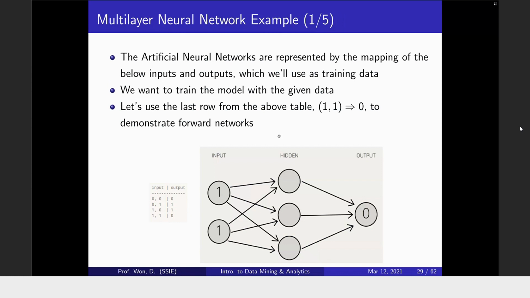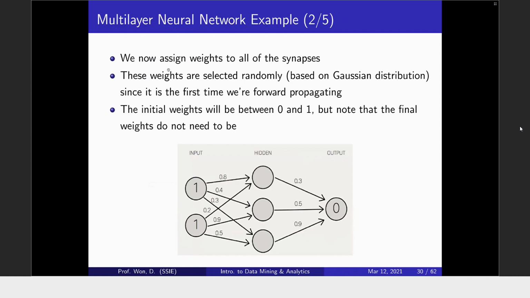So let's think about it. If the input is 1, 1, then after some calculation the final outcome is 0, right? Then we now assign the weight of all of the synapses. What was the synapse? The connectivity, right? The edges. Okay?